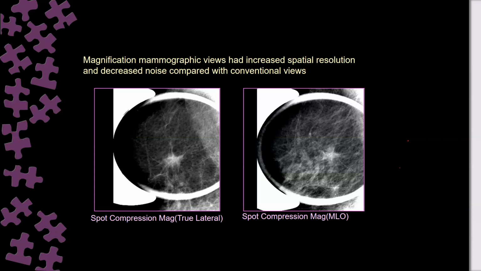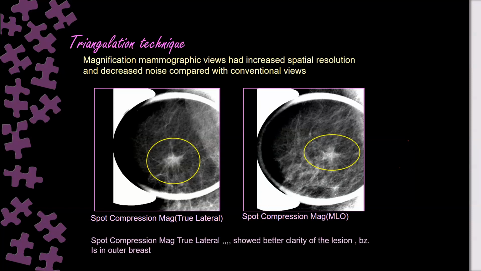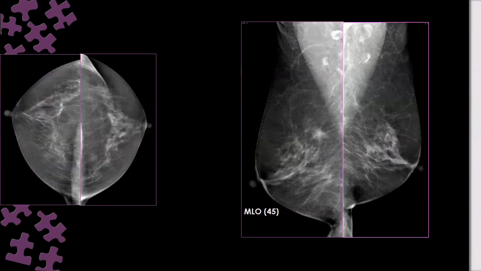It is an additional view, but it has a name. Do you know exactly the name for using the lateral view in localizing the lesion? We call it triangulation. Triangulation technique. Okay. Better clarity because the lesion is in the outer breast, as you said.